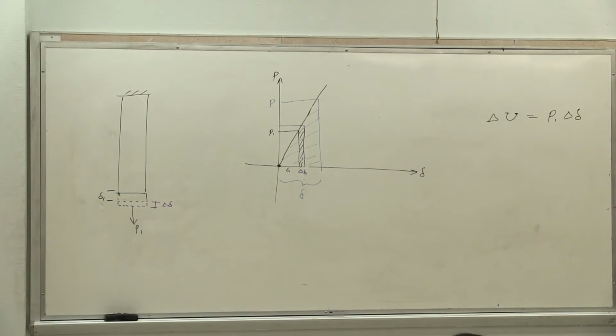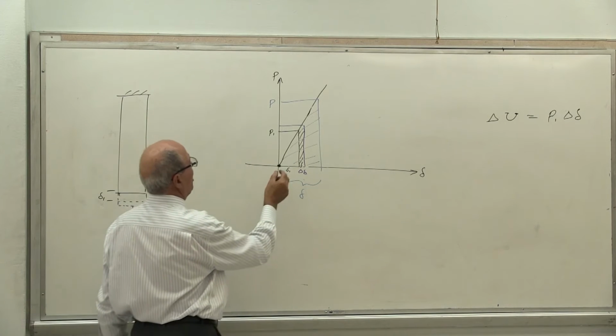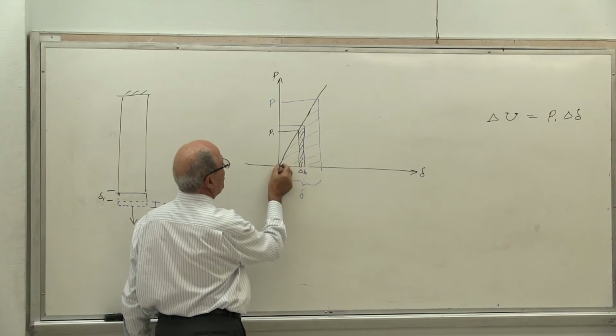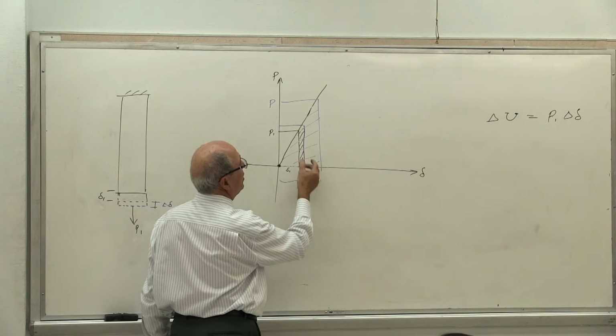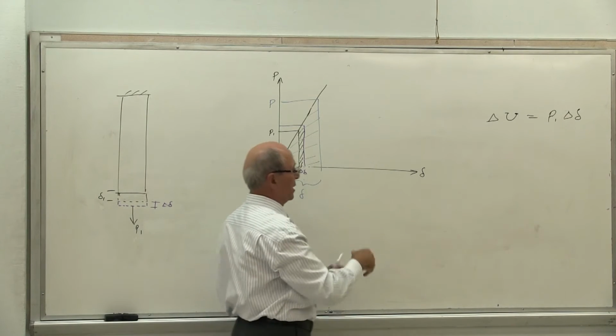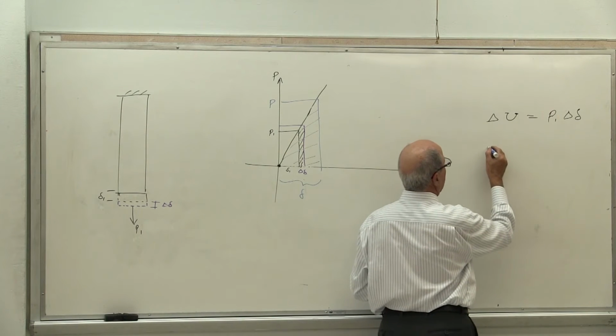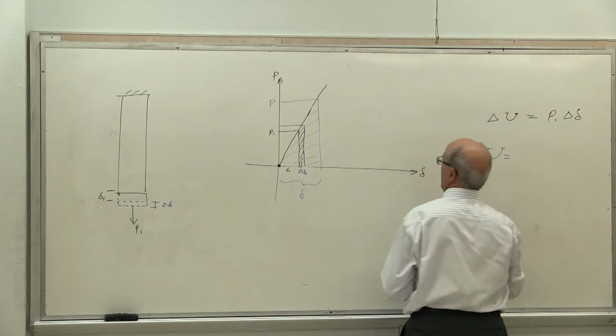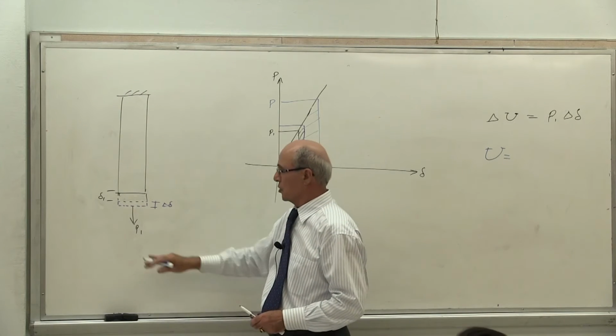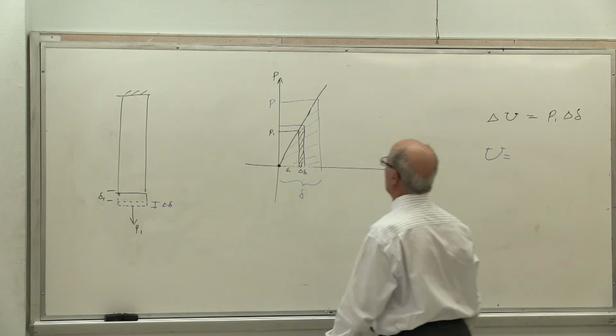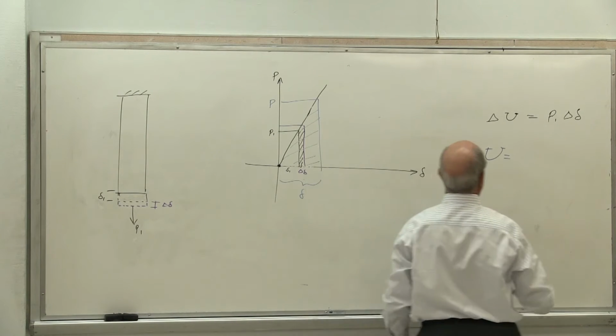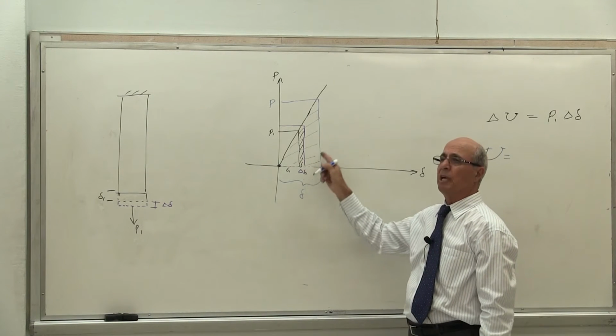Because this is one, but notice they are not constant. Actually, they are variable. So you go this one, that one, that one, all these little strips added together. So the total U for the entire system, if this structure is loaded to the load P and delta there, will become this area, the blue area, yes or no?